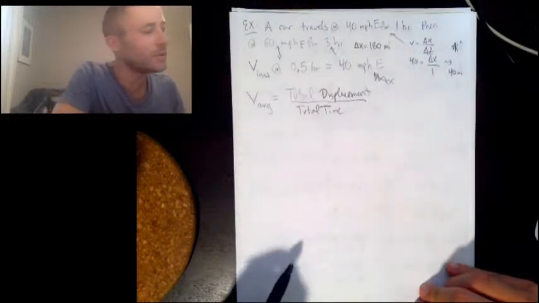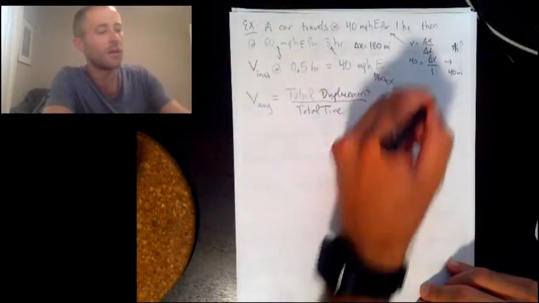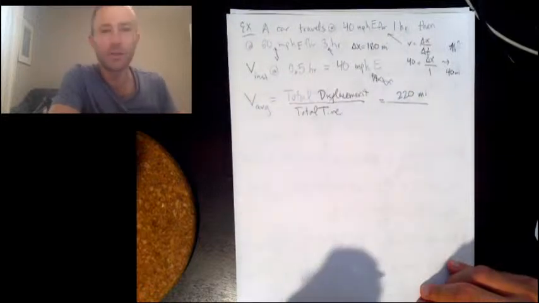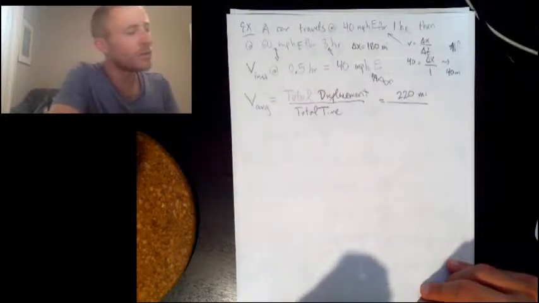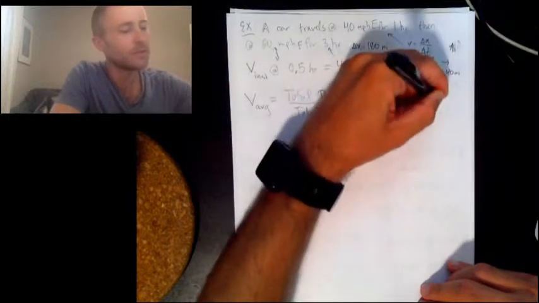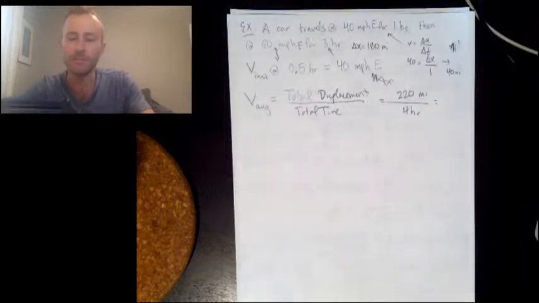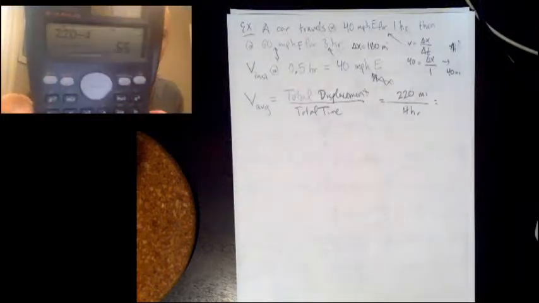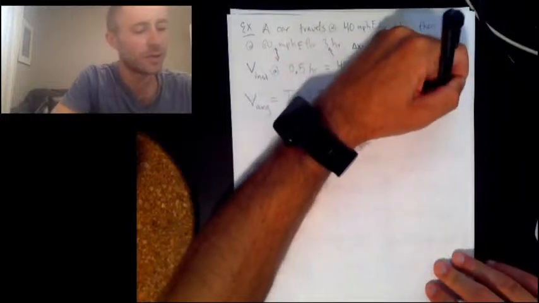That is going to be 220 miles is my total displacement. Okay? What is the total length of the journey? The total length of the journey is 4 hours. So we get an average velocity of 220 divided by 4, which is 55 miles per hour in the eastward direction.